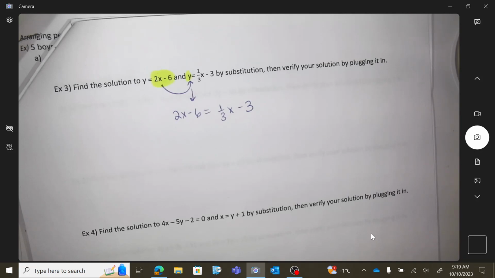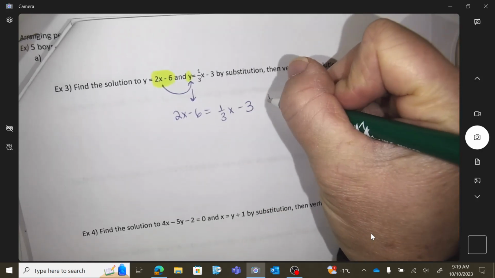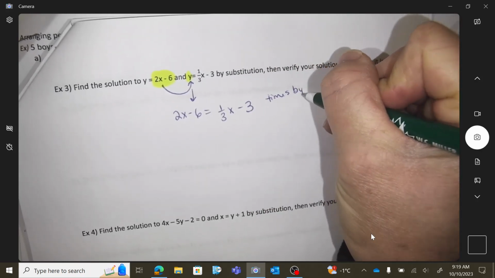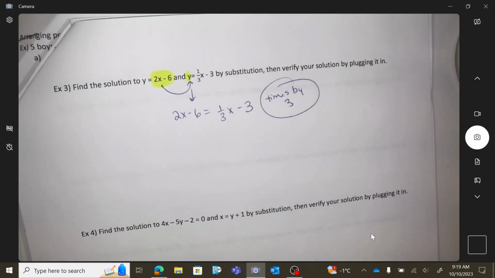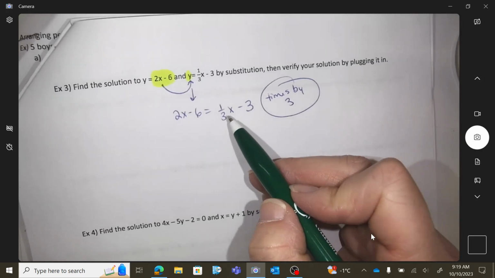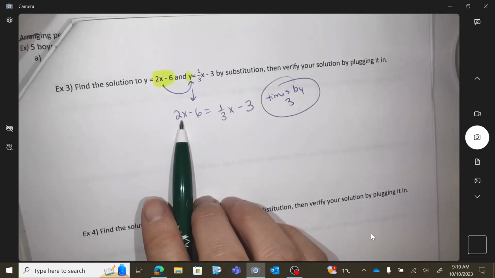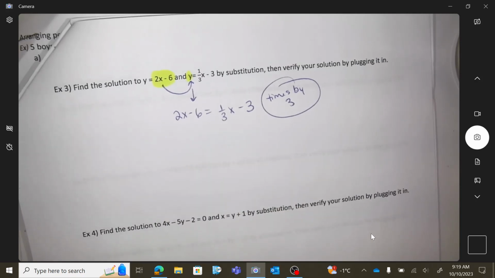Anybody have a strategy to get rid of that fraction? Times by 3. But what do you have to do? Everything, right? Everything. Remember, it's like candy to kids. If you're going to do that, you have to do it to all. So can you times everything by 3?